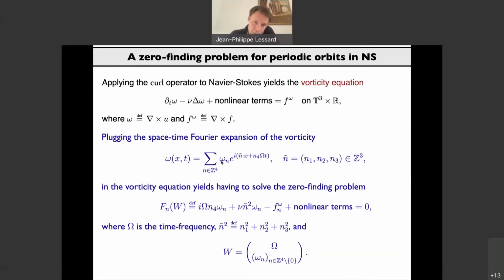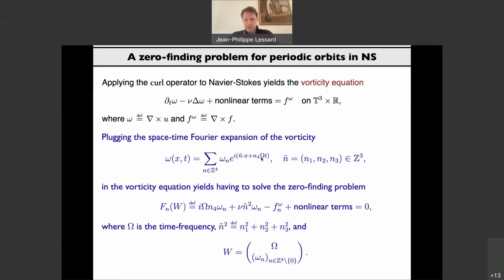That's why we can expand the vorticity in a Fourier series, and now we have e to the i n-tilde dot x. So x is in R3, x1, x2, x3, n-tilde is n1, n2, n3. These are the 3 Fourier indices, and n4 is the time index, and omega here is the a priori unknown frequency of the periodic orbit.